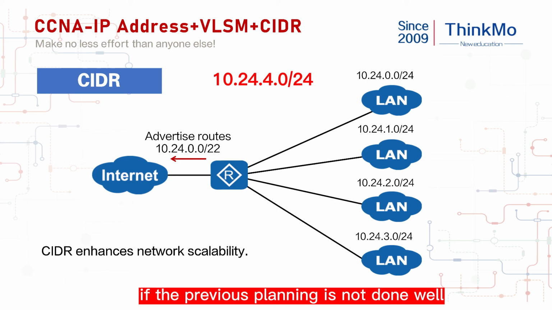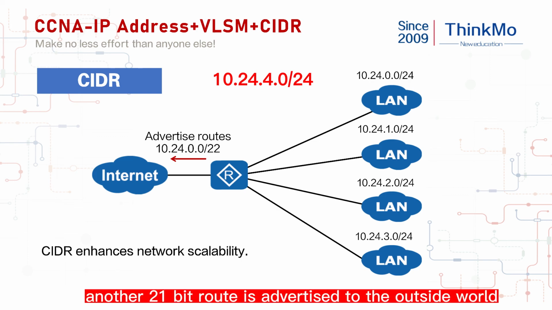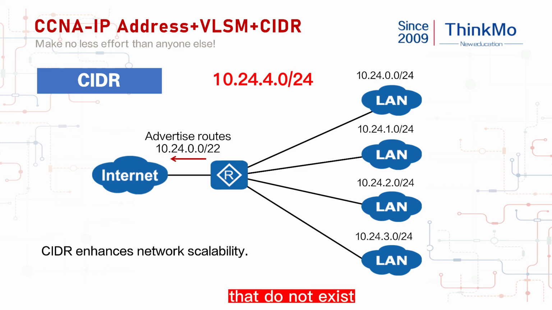If the previous planning is not done well, like I just said, here is a 4.0 network segment, and another 21-bit route is advertised to the outside world, then it will cover some network segments that do not exist, for example 5, 6, 7.